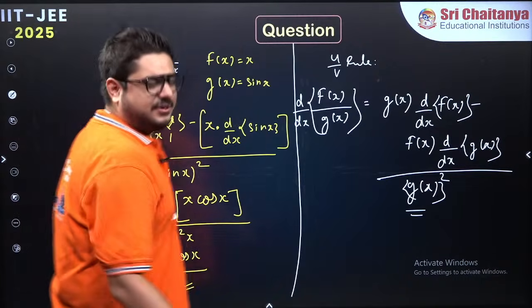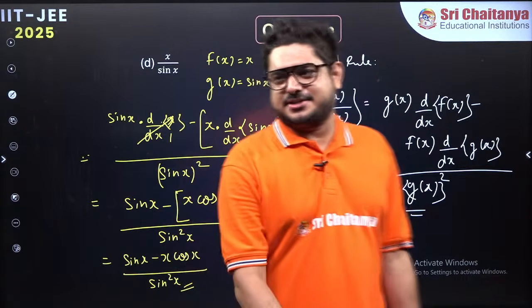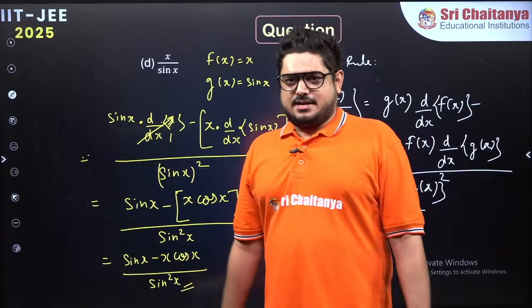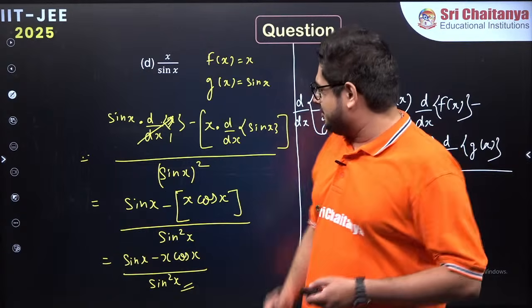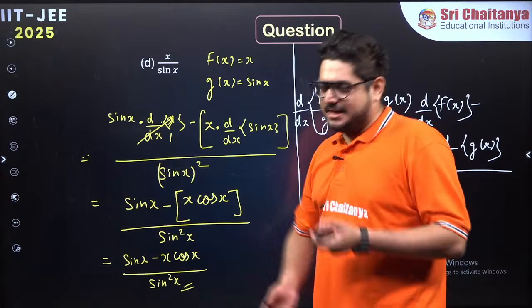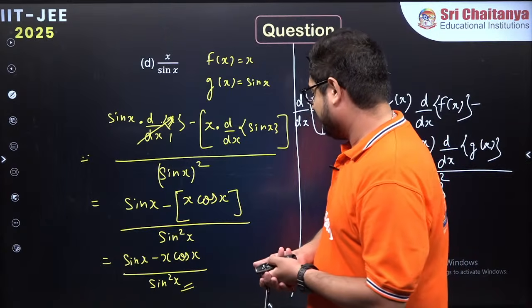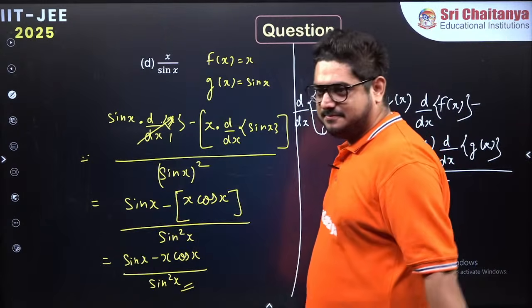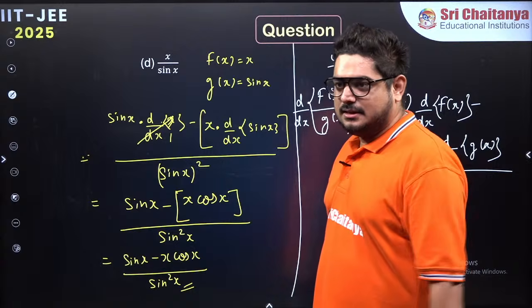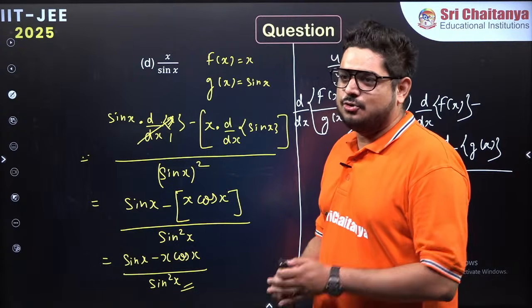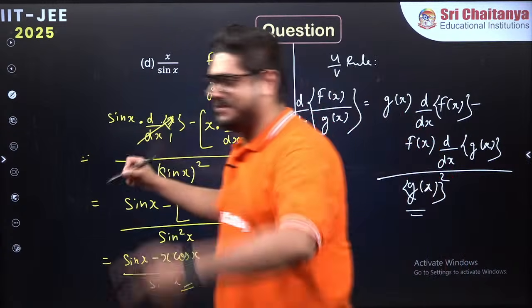You can solve it further by using trigonometric functions, using some properties of trigonometry, and you can deduce it further if you want, taking sin x as common. Yes, you can use the UV rule definitely, Saket.